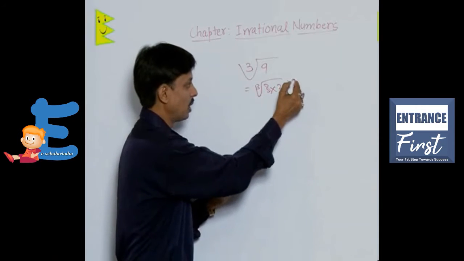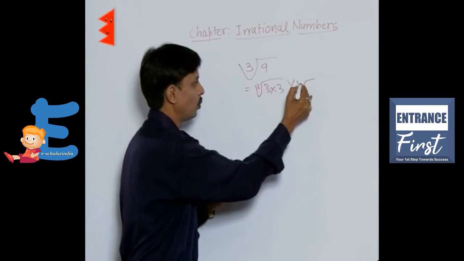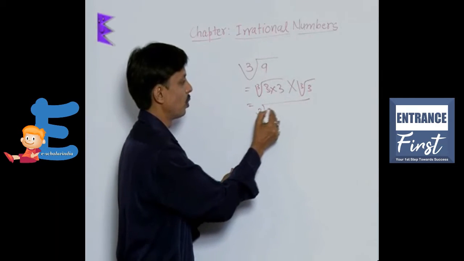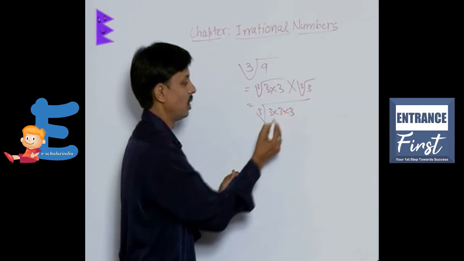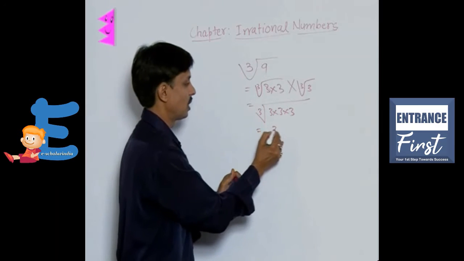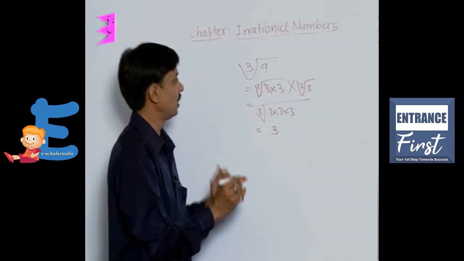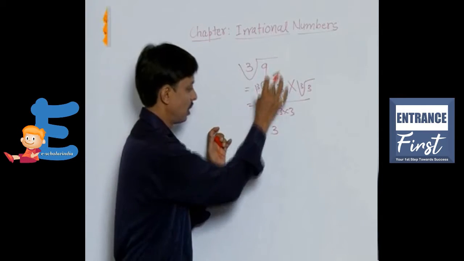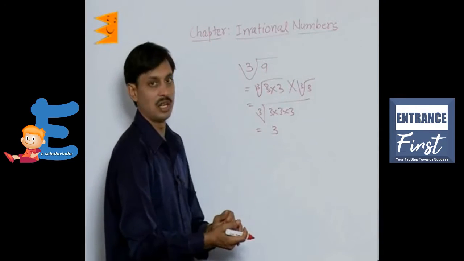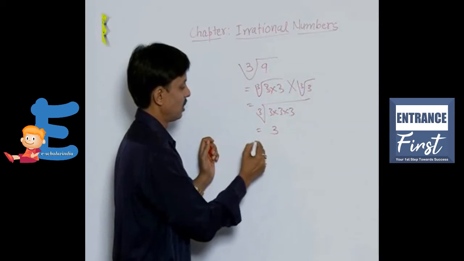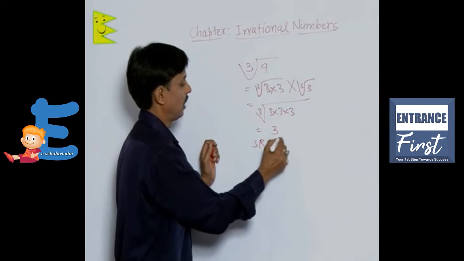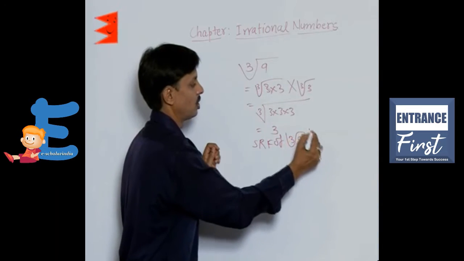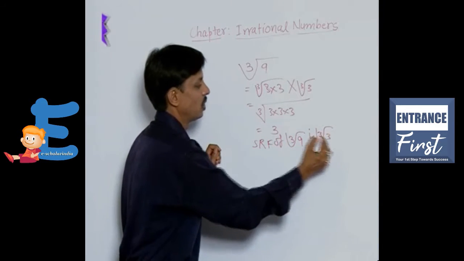If I multiply it by the cube root of 3, this will give me the cube root of 3 into 3 into 3. So this gives us the final answer as 3. So we get a number which is rational. So you can say the SRF of the cube root of 9 is the cube root of 3.